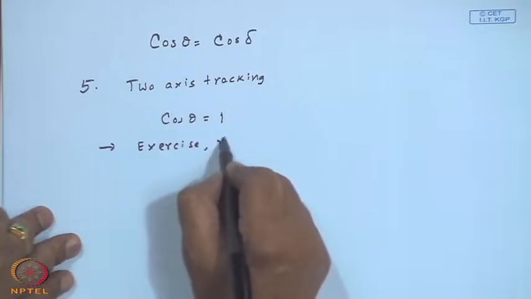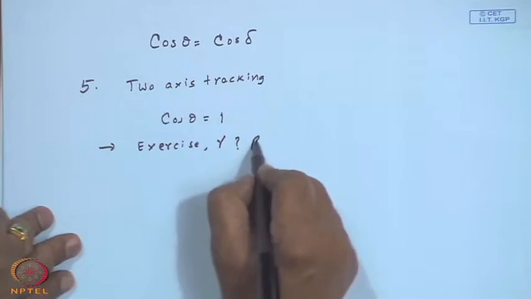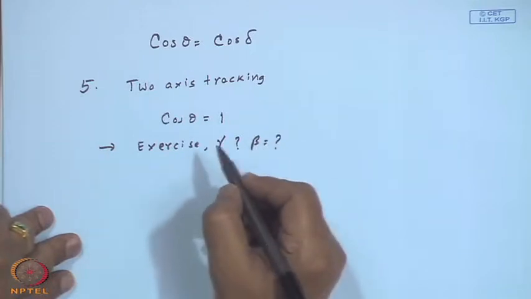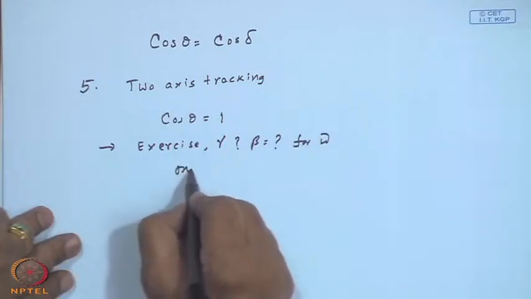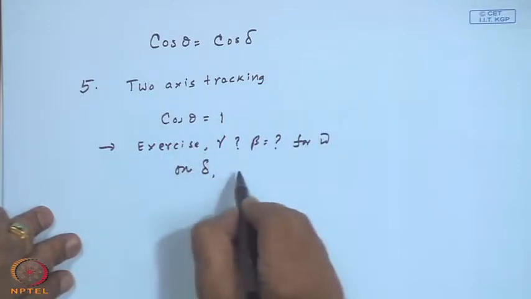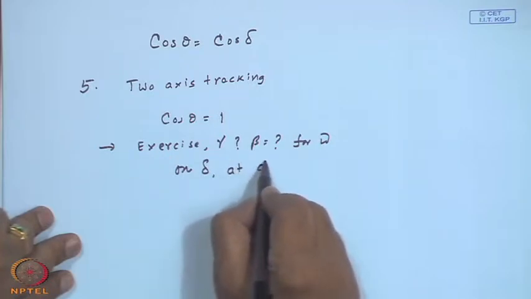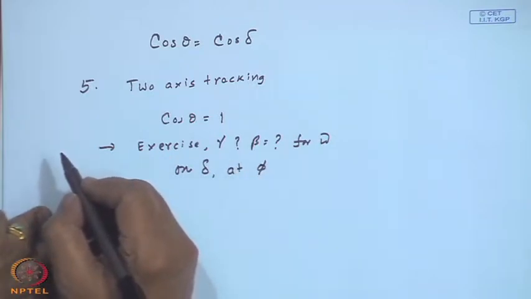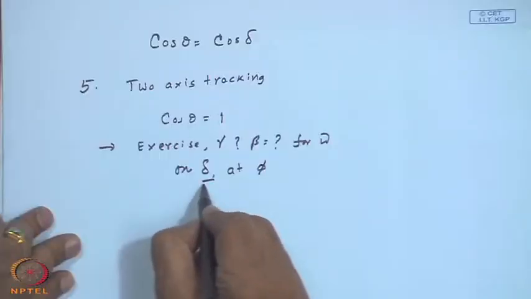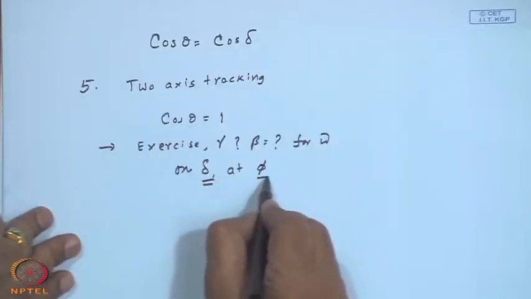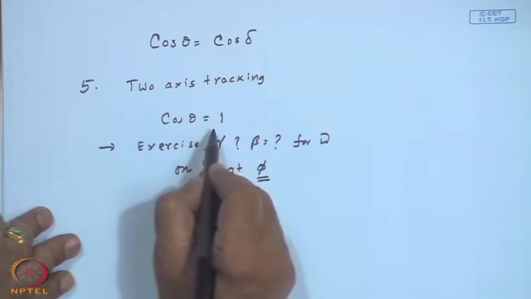That means, you need gamma how much, beta how much for a given omega on a delta day at a location of phi. So, if you can find out what should be the azimuthal angle and the slope at a given instance of time given by the hour angle for a particular day characterized by the declination delta at a location of latitude phi, you can find out cos theta is equal to 1.